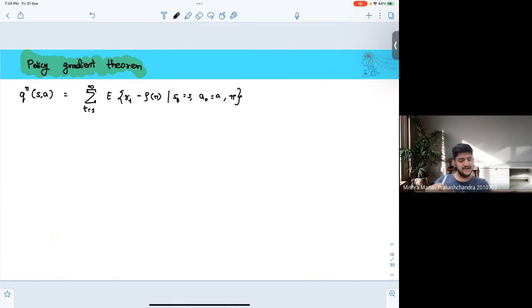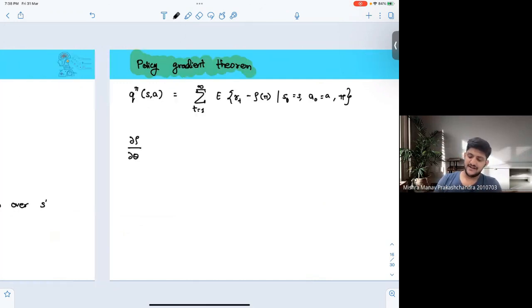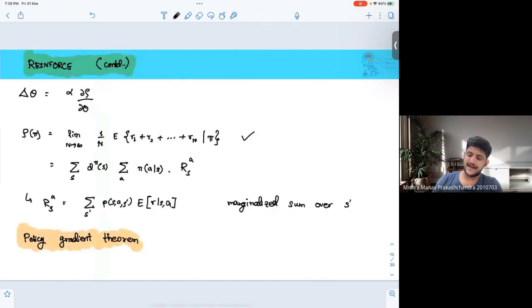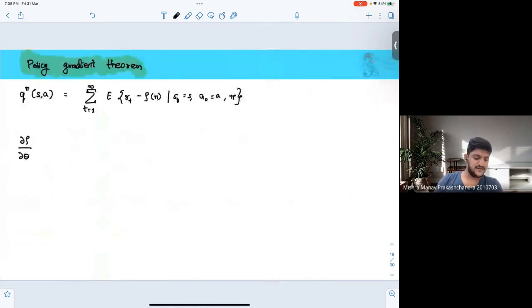Now, if I take the derivative d rho by d theta, okay, this is again coming from the REINFORCE basic update rule. So if I want to compute d rho by d theta, since I have defined rho here, I just differentiate it with respect to theta.